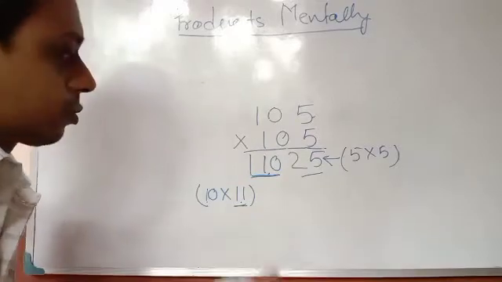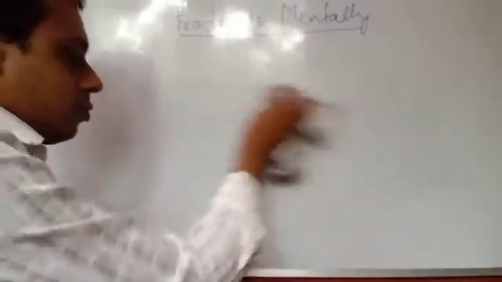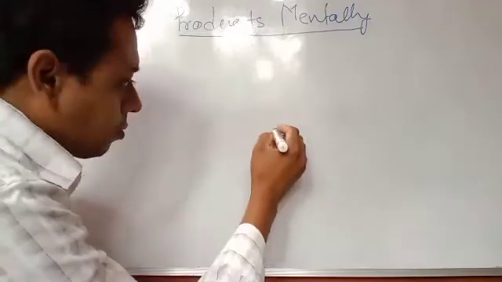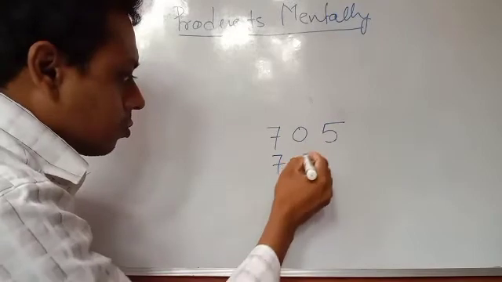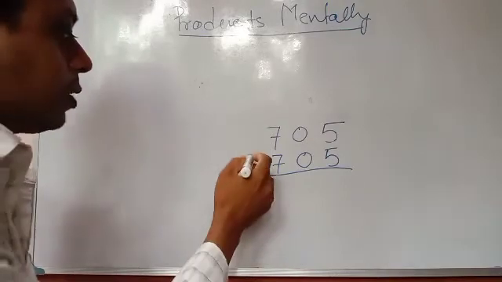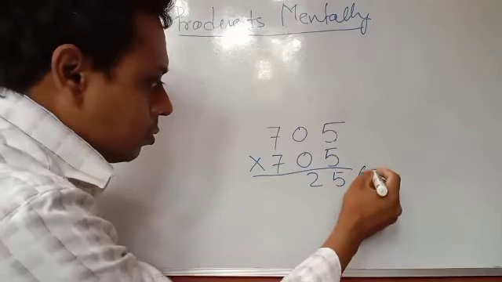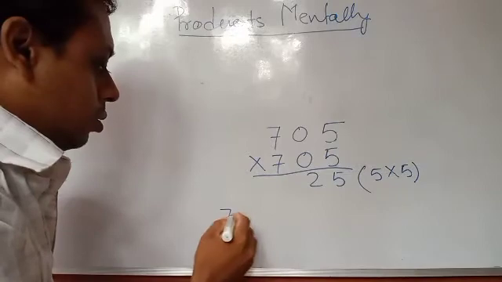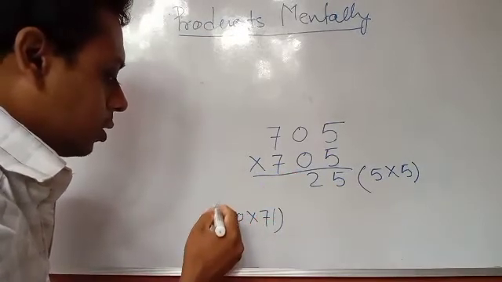Another one I am showing you. 705 and 705. Similar way, 5 5s are 25. You have to put here. Then the number is 70. 70 into 71, successor of 70 is 71.